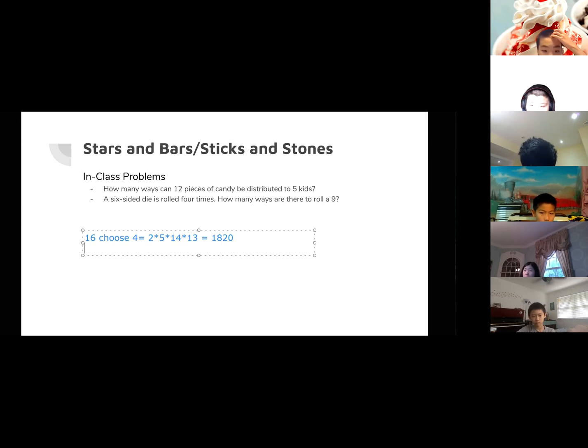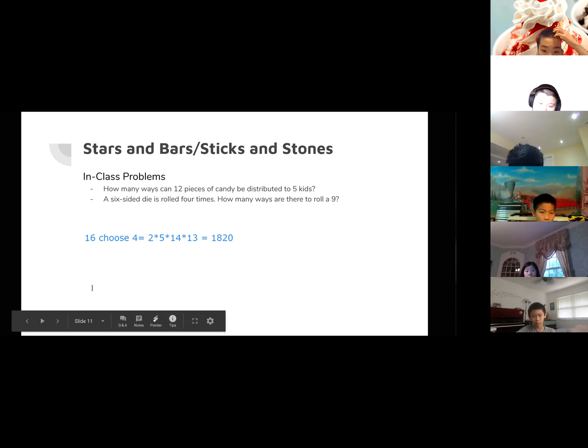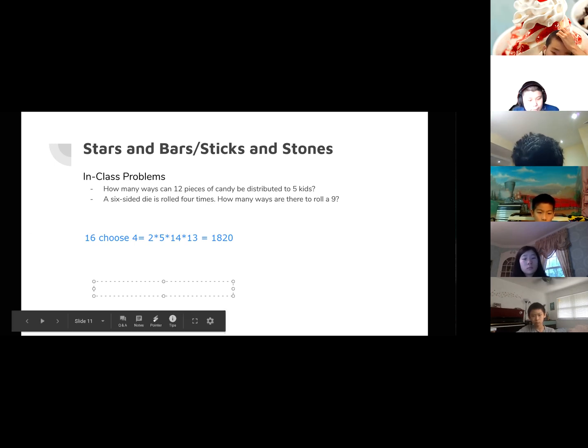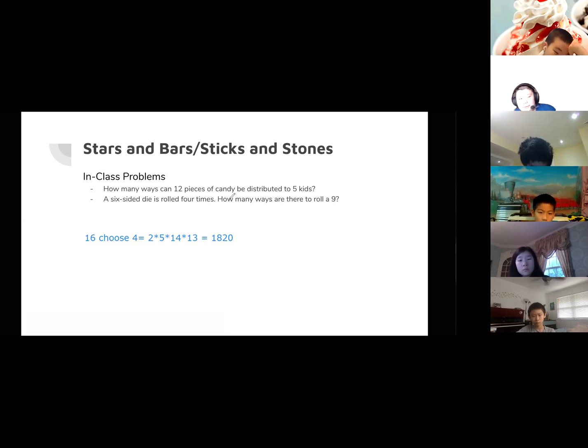And for the second one, a six-sided die is rolled 4 times. How many ways can the total be 9? Again, six-sided die, it has to be at least 1. And you'll notice that given that it's at least 1, it's actually impossible for you to roll more than 6.